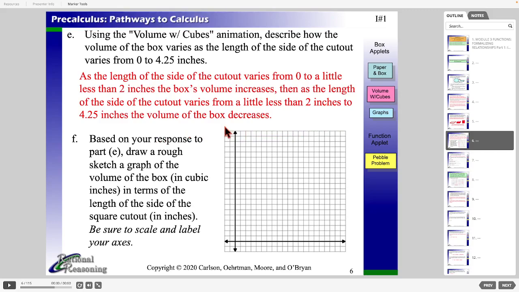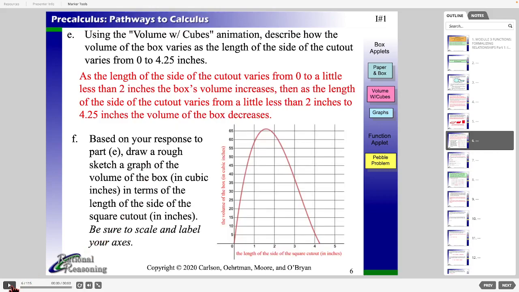So we're going to vary the cutout. If it's more than about 2 inches up to 4, the volume of the box decreases. So there's a place where you get a maximum volume. What we see is that we get a maximum about here, but certainly we lose volume as we make a bigger cut than that.